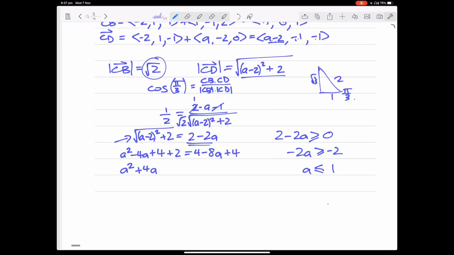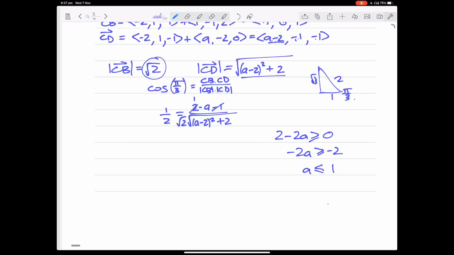So root 2, which means it's going to change all of that on the bottom. So we would get just a 2 inside. So we'd get 2a minus 2 squared plus 4 when I multiply that root 2 in.